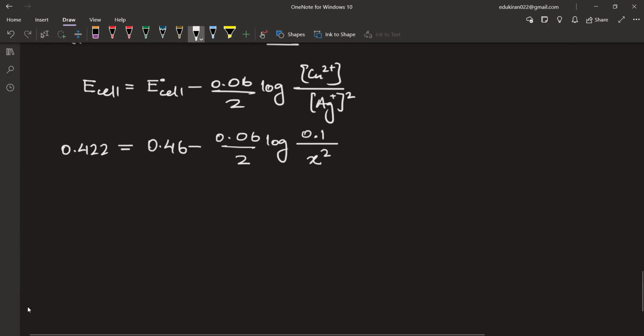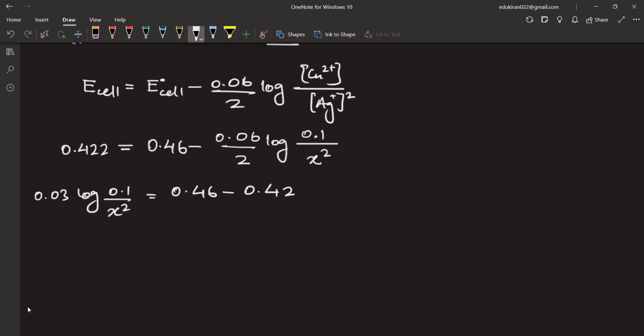So see, how will you solve this? Take this here and bring this here. So you will get 0.03 log of 0.1 upon x squared is equal to 0.46 minus 0.422, right?